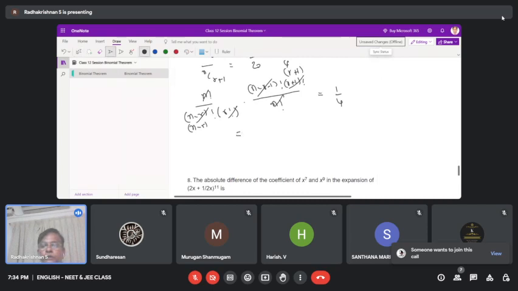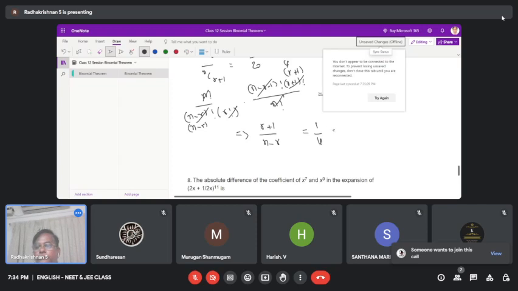So your equation is now (r plus 1) divided by (n minus r) equal to 1 by 4. n minus 5r equal to 4. This is your equation 2.